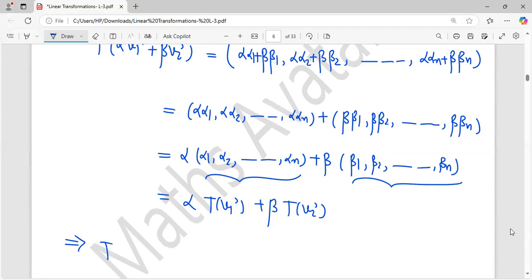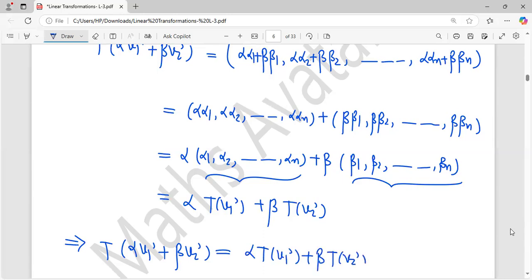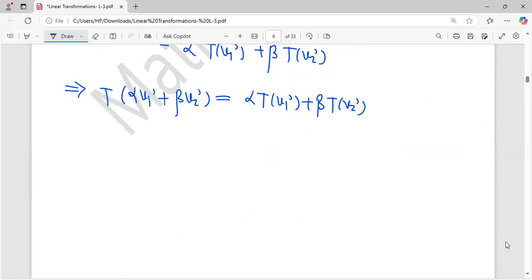So this implies T(alpha v1' + beta v2') is equal to alpha T(v1') + beta T(v2'), for all v1', v2' in V and alpha, beta in F. So what is the meaning of this?